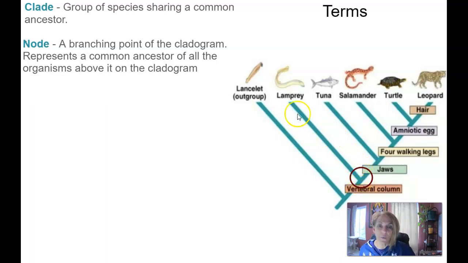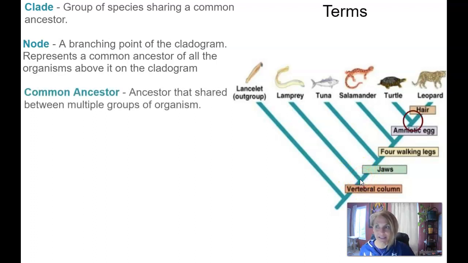So this is where the lamprey would have branched off. They do not have jaws. They're jawless fishes. So they cannot continue on the lineage with the rest of these organisms. So a node is a branching point, and it indicates a common ancestor.